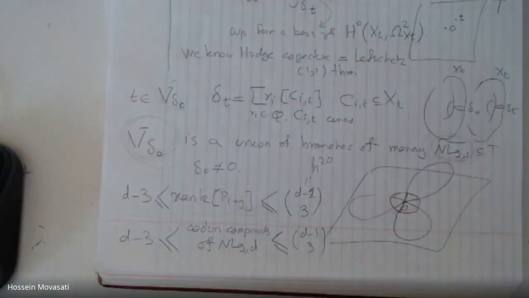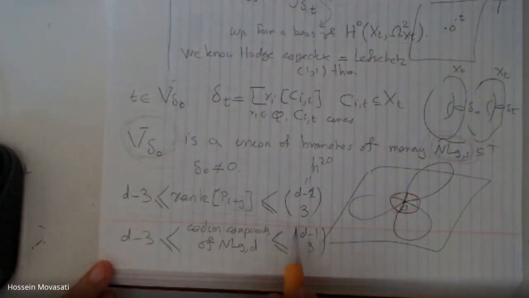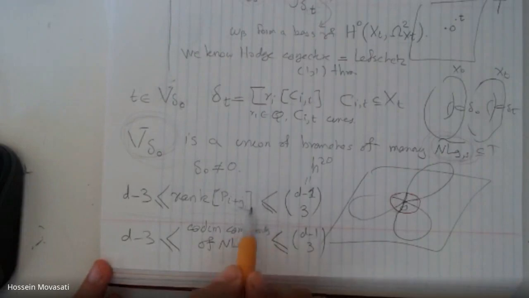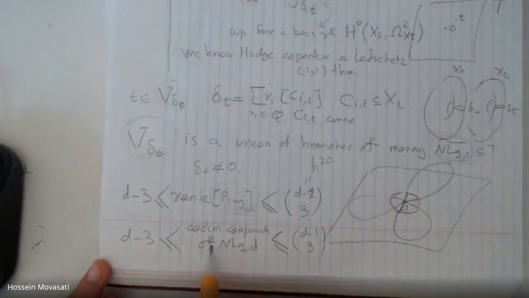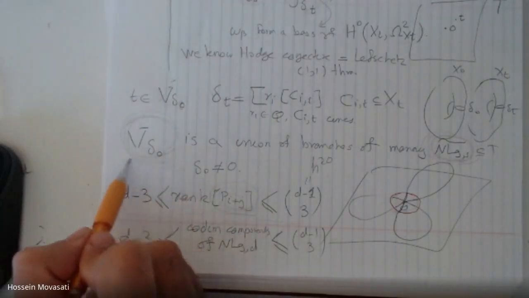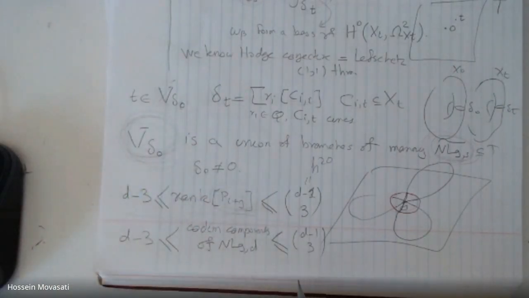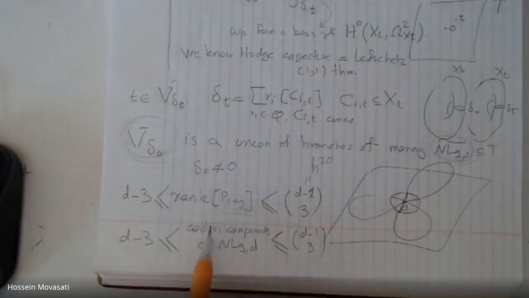This is the rank of this matrix, which is just the codimension of the Zariski tangent space of this one. So partially we can see this statement using this and just near the Fermat.